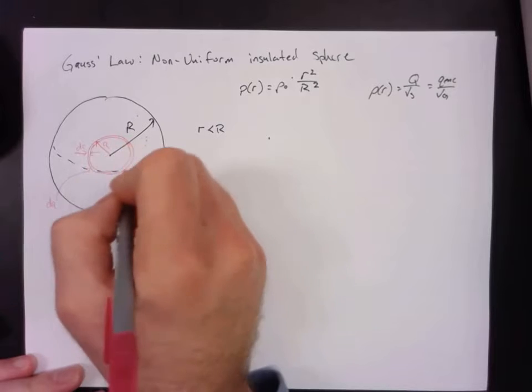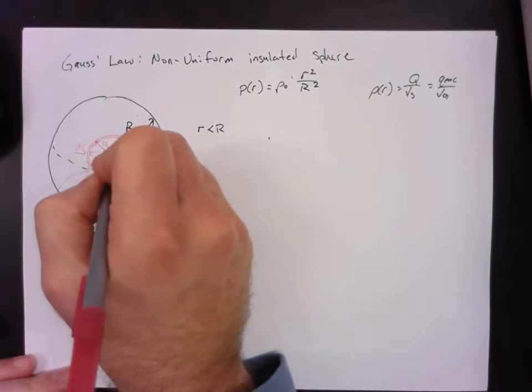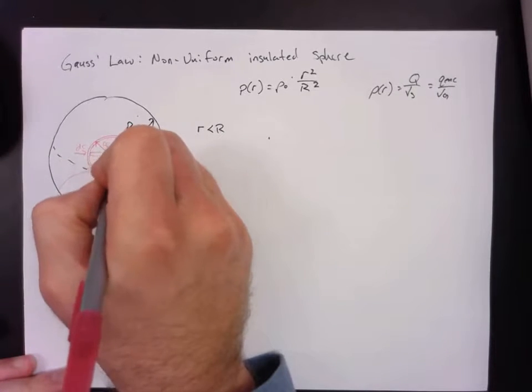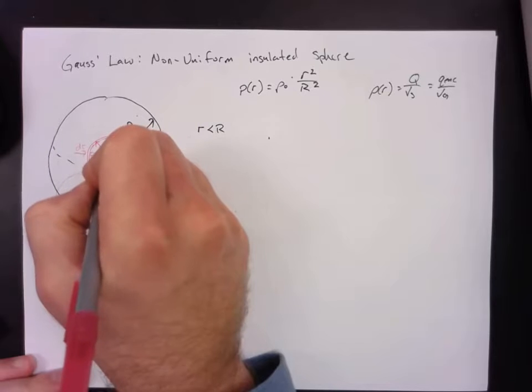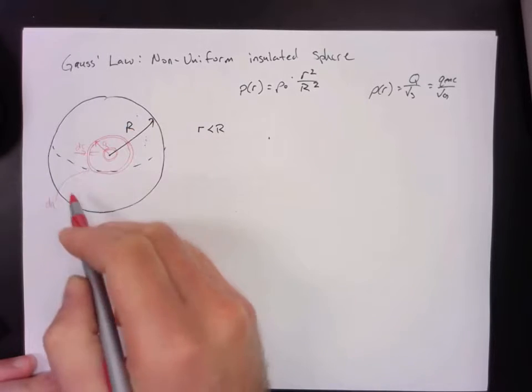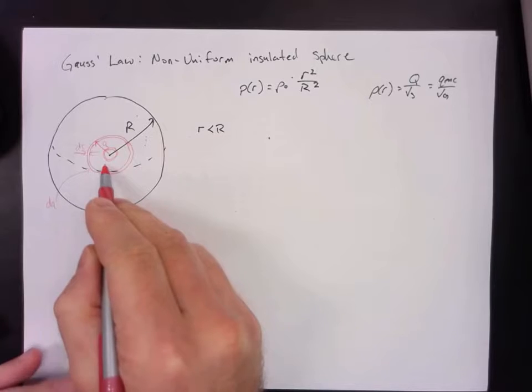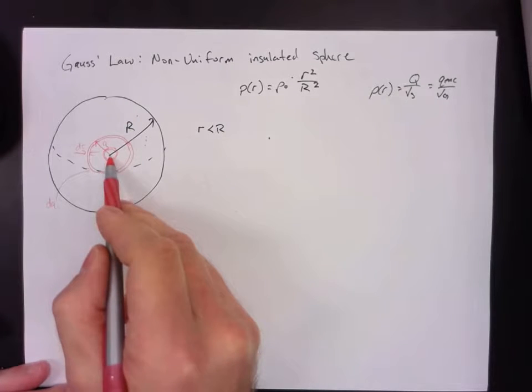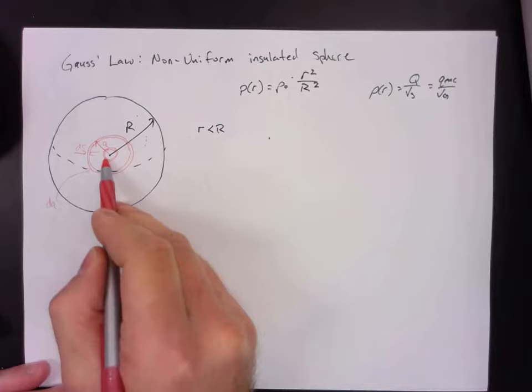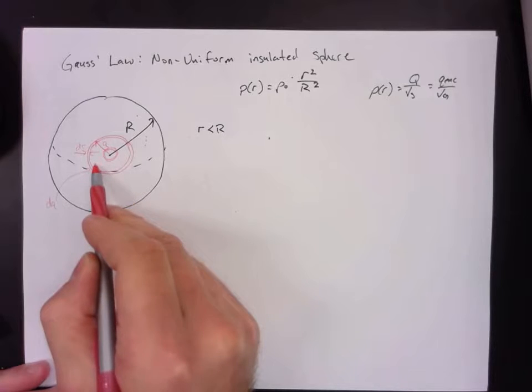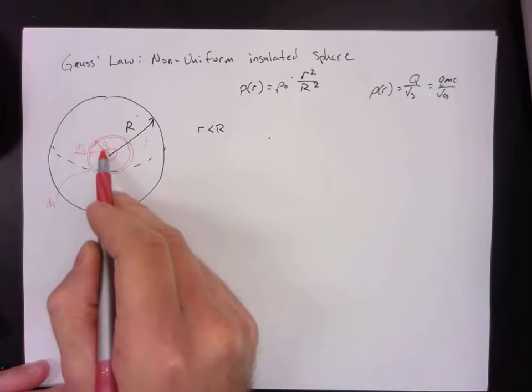The charge density within that little shell would be different than the charge density of a smaller shell, which would also have a small amount of charge on it. So to figure out the total amount of charge enclosed, we would have to add up the amount of dq that's in all of the little different shells as we move further and further away out to the distance that we want.